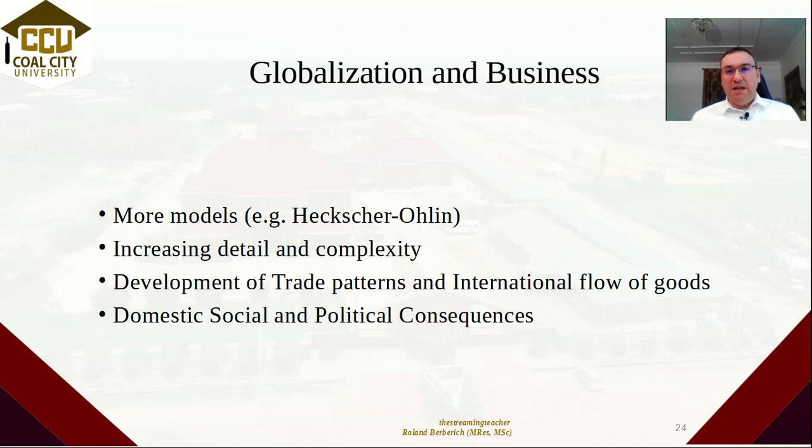And when we start employing more and more sophisticated models, we can explain and predict international trade patterns and how goods will move from one country to another. However, what we can't do plainly on the model, what we can only analyze and make reasonable inference from incomplete data, is the domestic, social and political consequences.